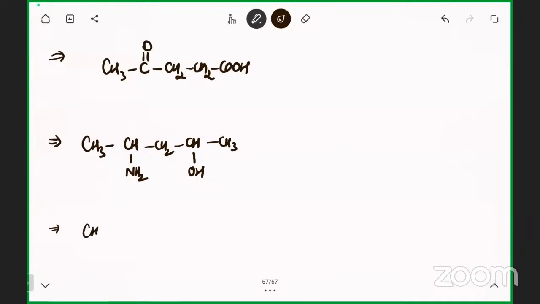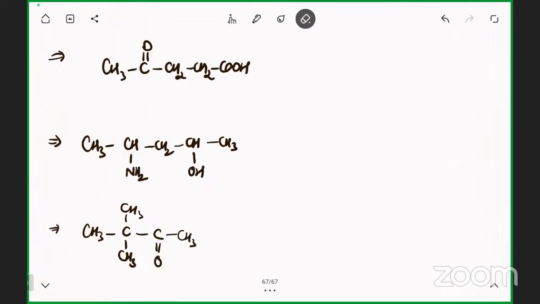Next example: CH3 C double bond O, CH3, and so on, where a multifunctional group is present, so it will be OH. Just write the names of these three first, then we'll go further. Time is 5:12. You have 2 minutes. At 5:14, I'll start doing it myself.